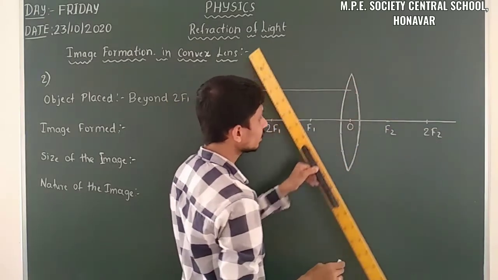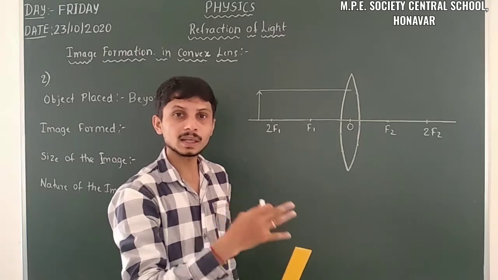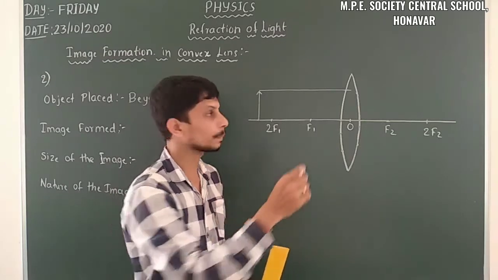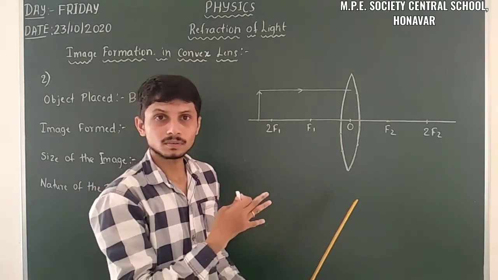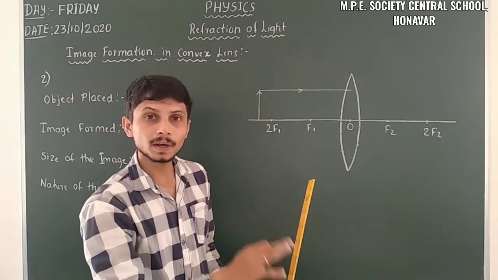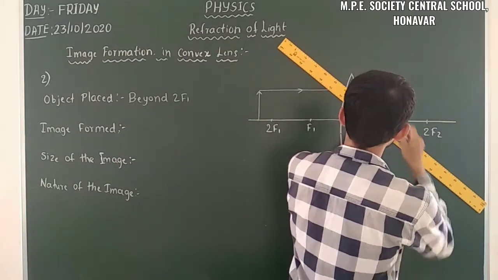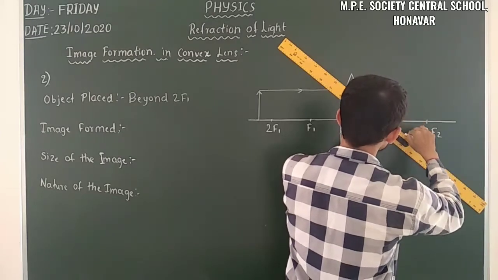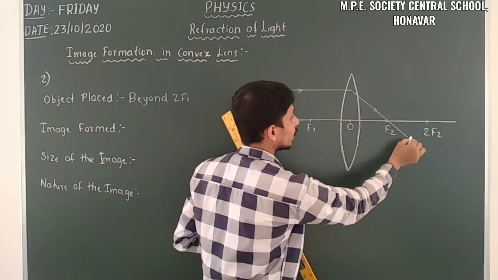After refraction, when a ray is parallel to the principal axis, it passes through the principal focus. So here we write the arrow mark.